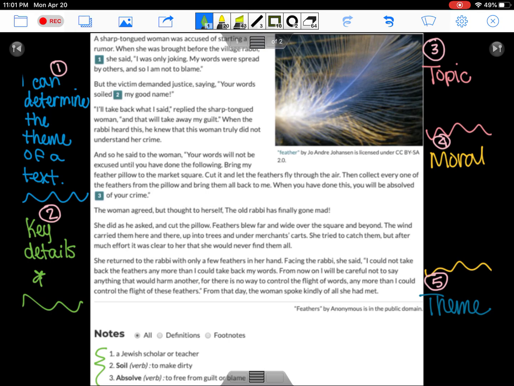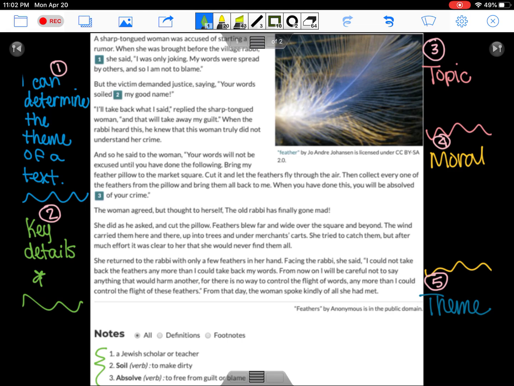The woman agreed, but thought to herself, "The old rabbi has finally gone mad." She did as he asked and cut the pillow. Feathers blew far and wide over the square and beyond. The wind carried them here and there, up into trees and under the merchants' carts. She tried to catch them, but after much effort it was clear to her that she would never find them all. She returned to the rabbi with only a few feathers in her hand.